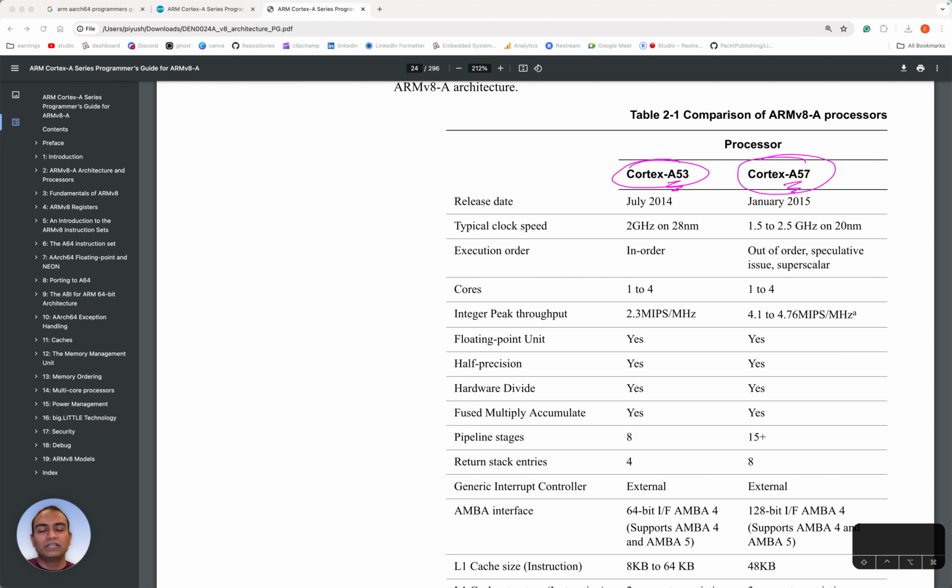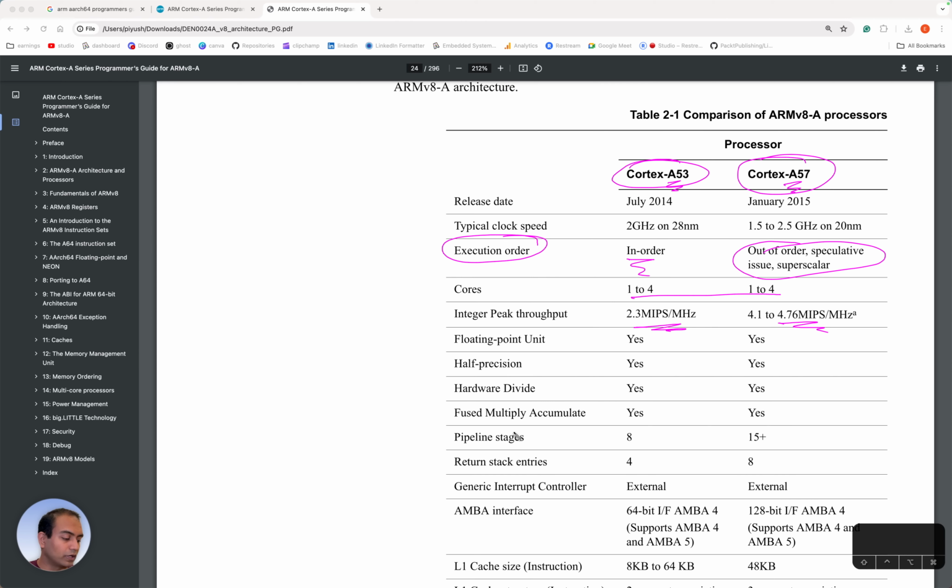So you can think of these as two bicycles created by following the same architecture document. But now what you'll notice is their features are different, right? For example, the execution order, one is in order, one is out of order, speculative, and superscalar. The number of cores is pretty much the same. Their peak performance is different.